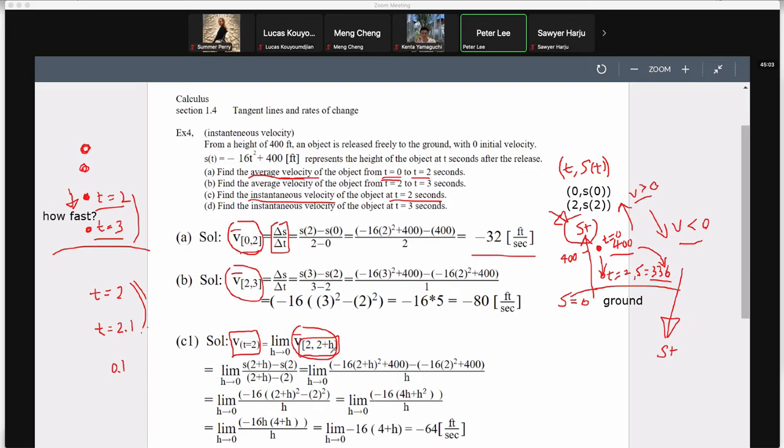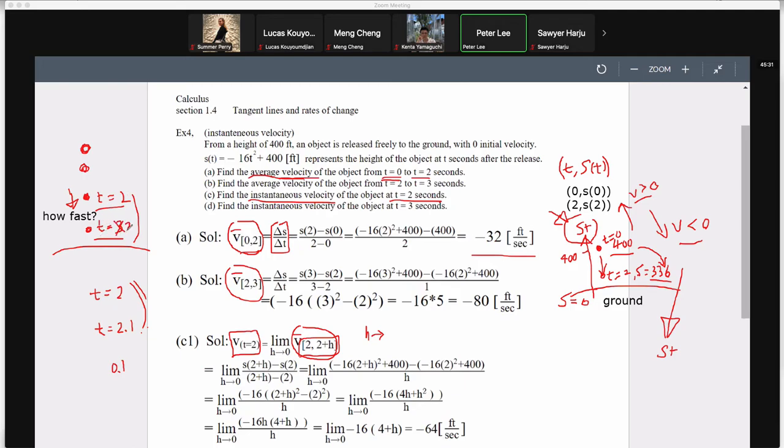And then in order to calculate the instantaneous velocity, what do you do? Well, we don't want the interval from 2 to 2 plus h. We want this gap to go to 0. So we want h to approach 0, because we really have t equals 2, so we don't want 3.